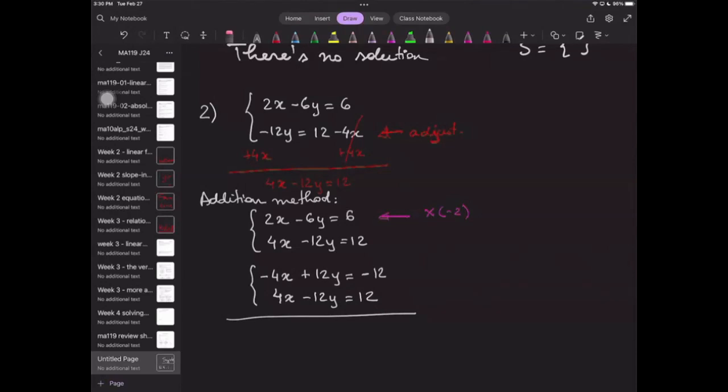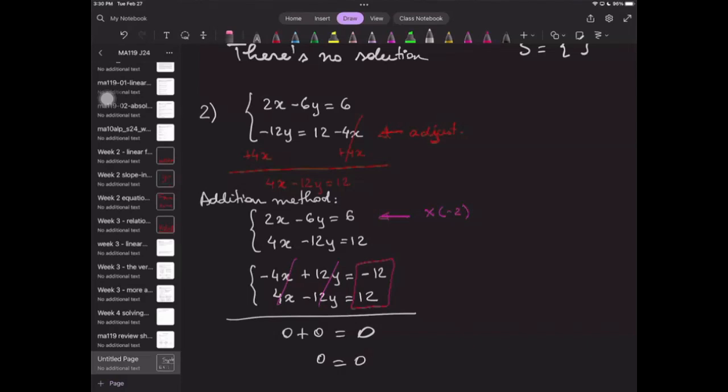And now I add the left side to the left side, right side to the right side. When I do that, you can see that both x and y variables are canceled because they are opposite. So the result is 0 plus 0. And when you add the right side, I also have opposites, so that's another 0.